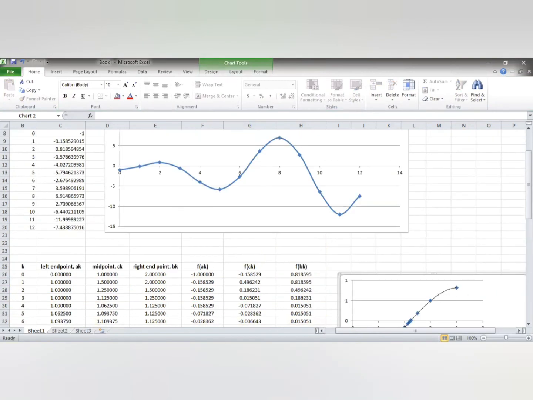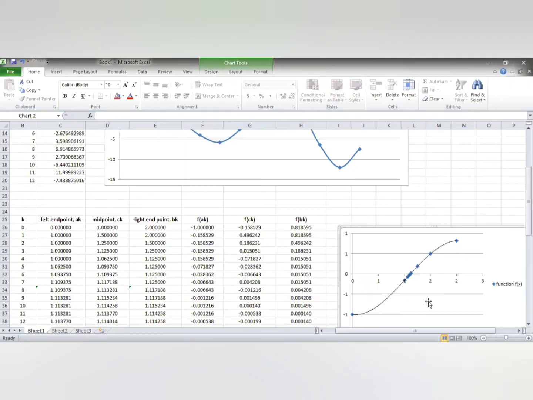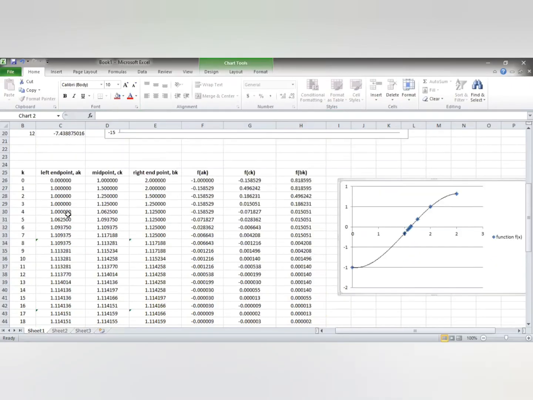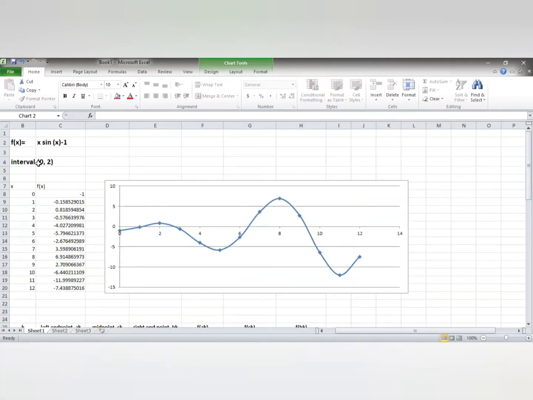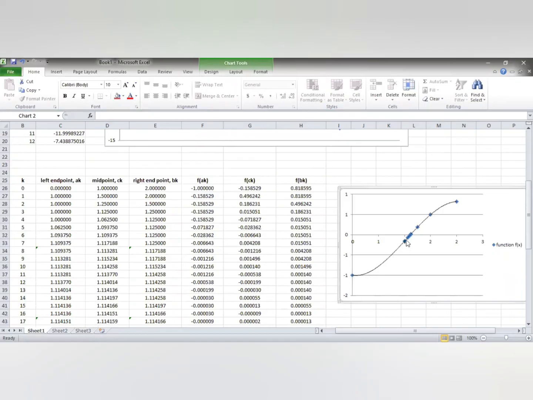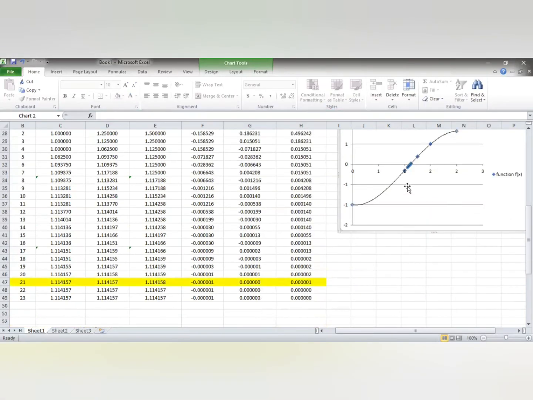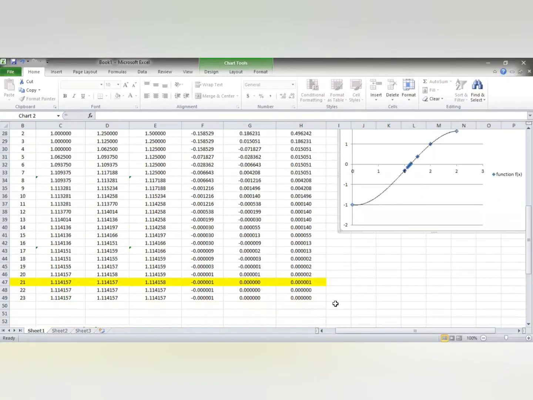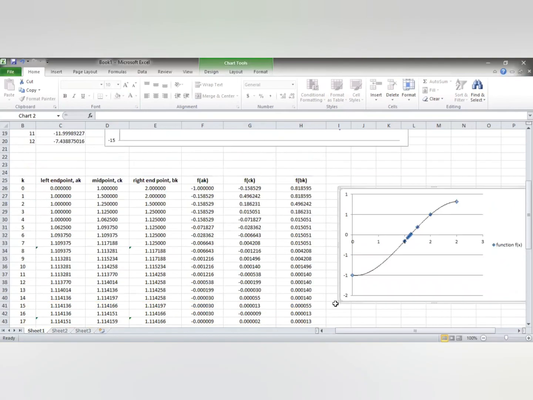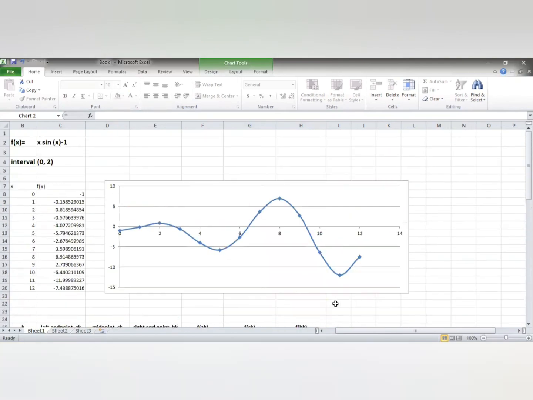So if you are going to check this function, this evaluation is for the interval of 0 and 2. So you can have this one. So here the root of this function is equal to 1.114157.